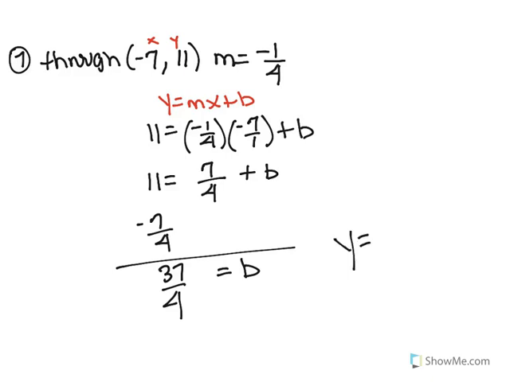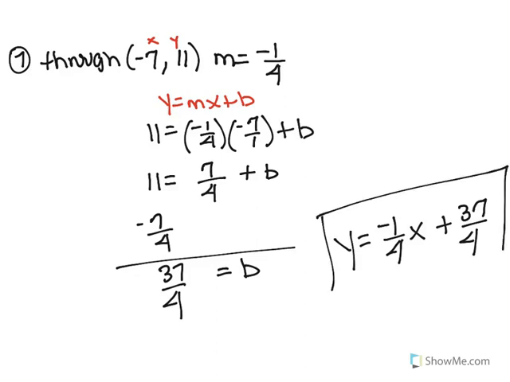So that will give us the equation y equals negative 1/4 x plus 37/4. Okay.